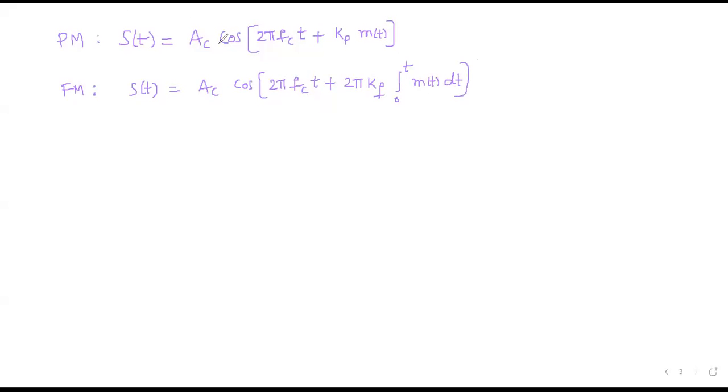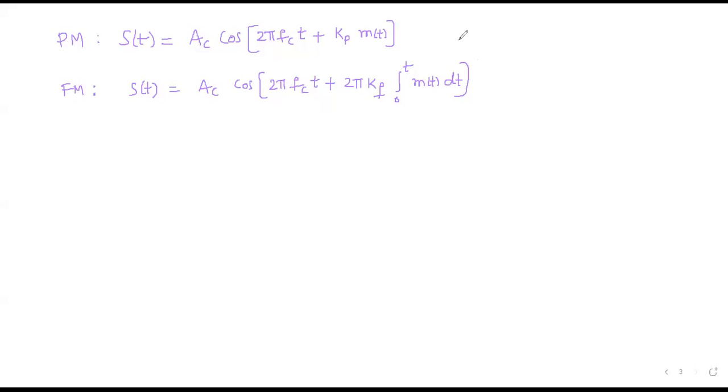These are the final expressions for the frequency modulation signal and the phase modulation signal. Can you compare and look at both expressions carefully and see what the differences are?